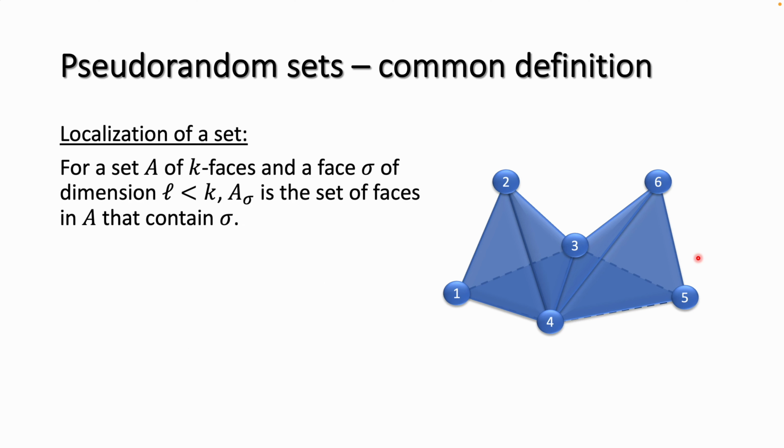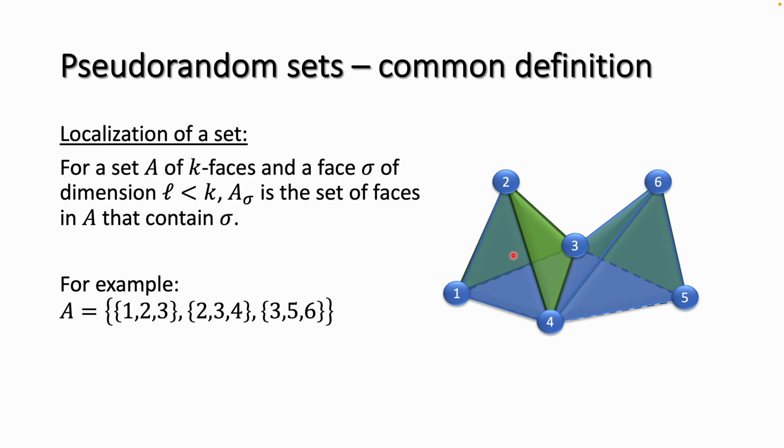And let's move on to see the common definition of what pseudo-random sets are in a simplicial complex. I'll start with the localization of a set. We think of a set A of k-faces and a face sigma of some dimension l. The localization of A to the face sigma is the set of faces in A that contain sigma. Let's see this in an example.